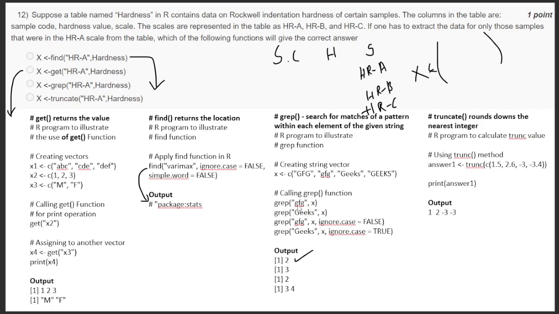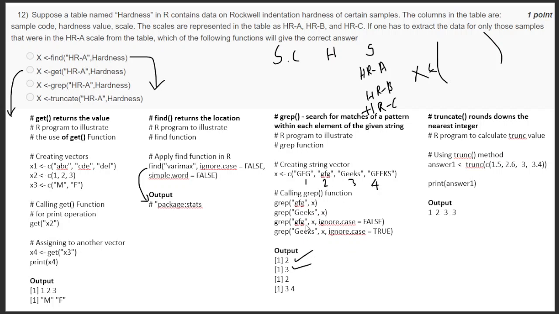Then if you give geeks in x, it will return the value 3 because it is there in 3, 1 2 3 4.